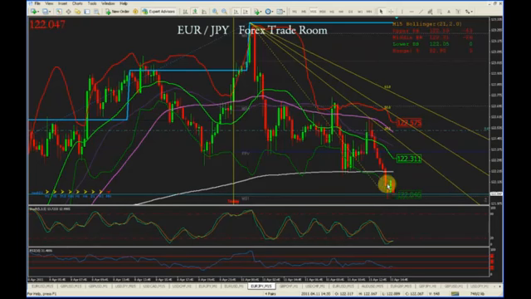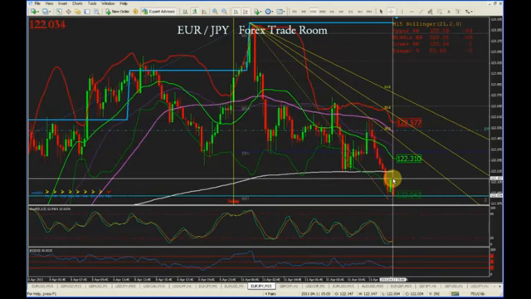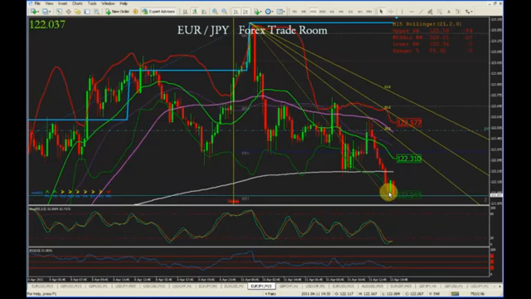So even when we met our target at 122, after that we called out a trade that we can actually buy euro yen at 122, which made its way to 122.14. Realistically, with spread, you probably would have made 8 points, and that would have been another nice counter trend scalp trade.